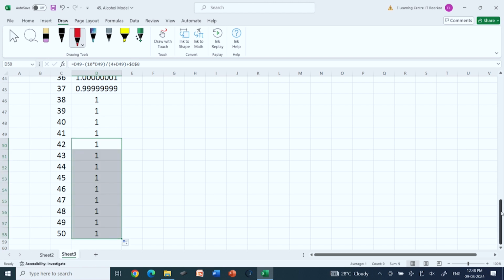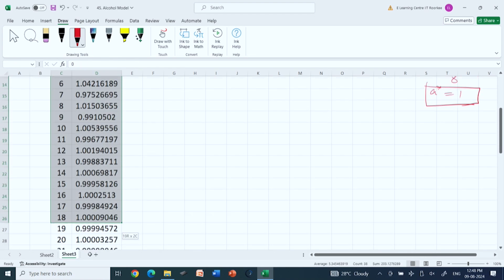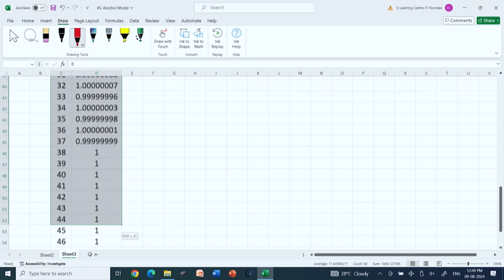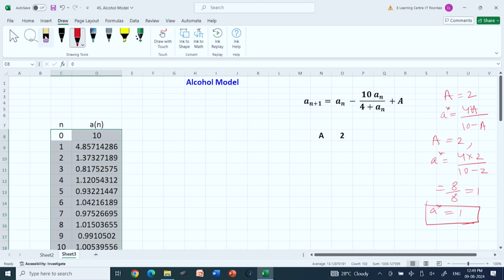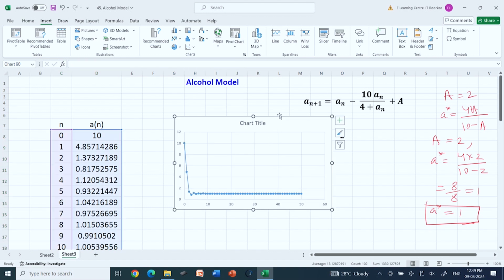To plot this, we highlight them, select all the 50 values, go to insert, choose this chart and click this.